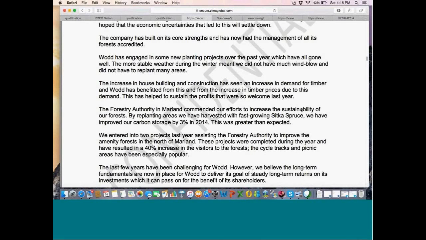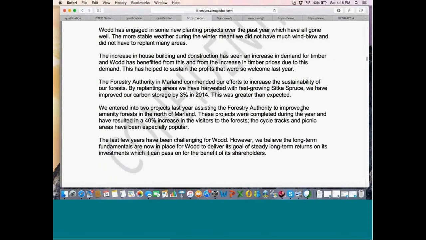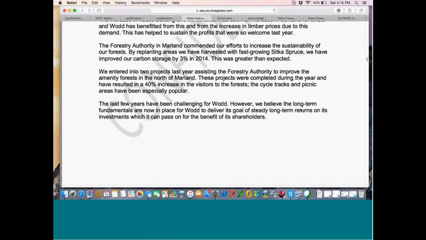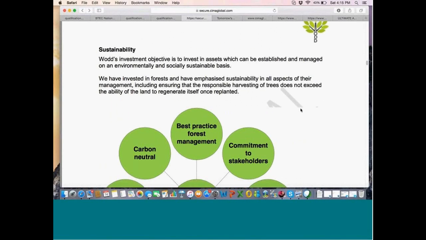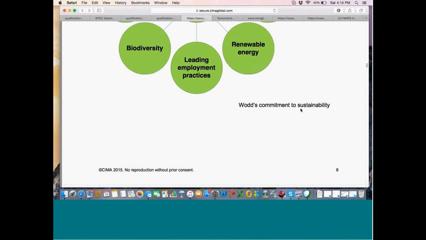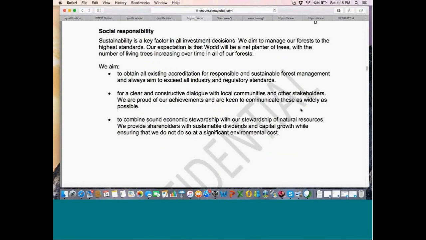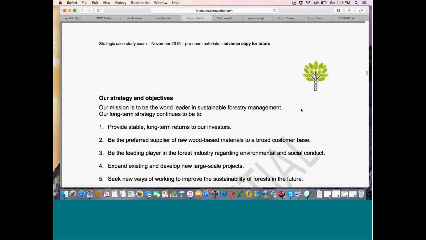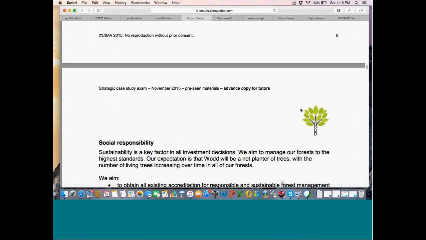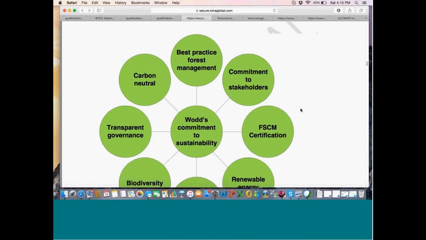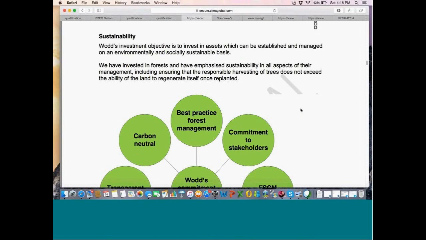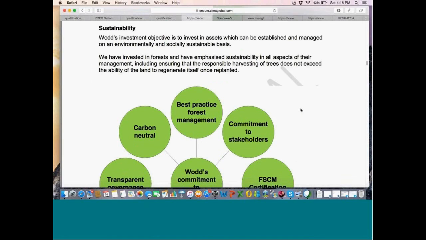And then they talk about sustainability, right? And sustainability, as you can see, social responsibility, I'm just scrolling to see that they're talking about this for 2 pages, right? This again shows how much importance this case study places on sustainability.